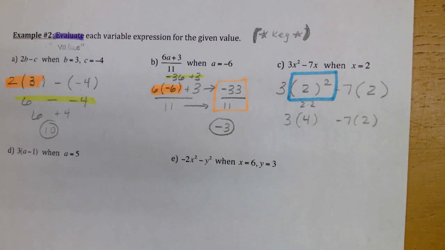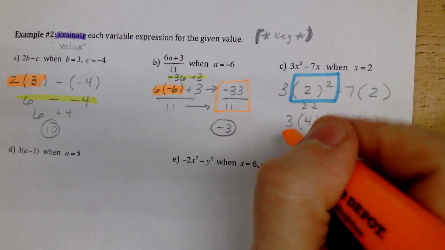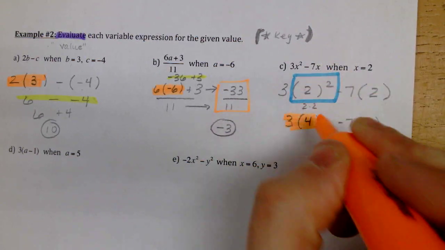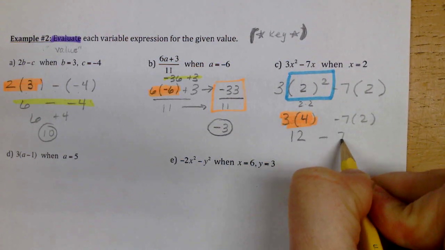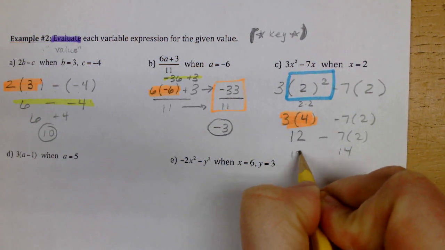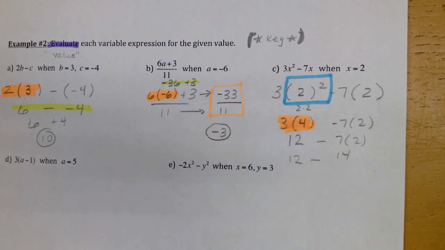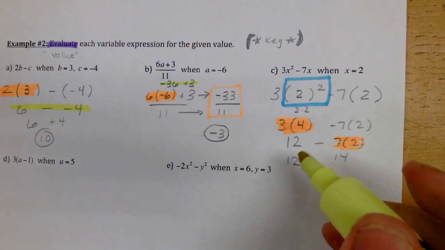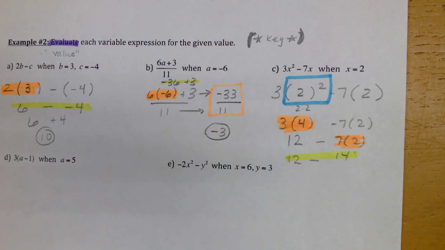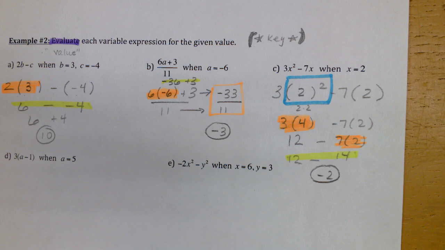Now I can go ahead and multiply. So when I go to multiply, I'm going to take 3 times 4, which is 12. Subtract 7 times 2, which is 14. I do that right here. And then my last step is to do 12 minus 14, which simplifies down to -2.